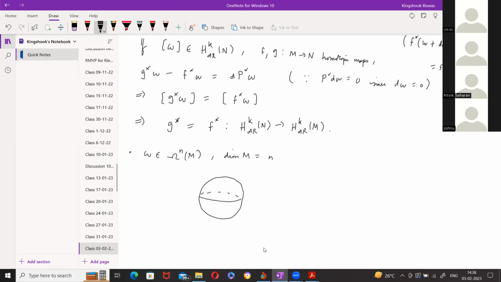Then what I can try to do is divide up my manifold into cubes. For example, I can take the upper hemisphere to be the image of one cube and the lower hemisphere to be the image of another cube, say C1 and C2.